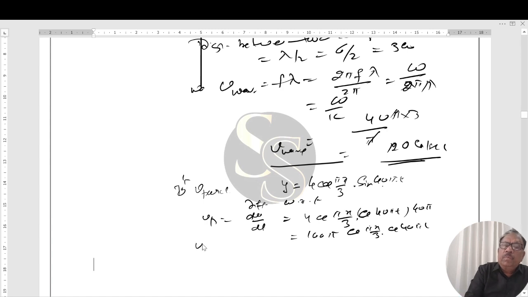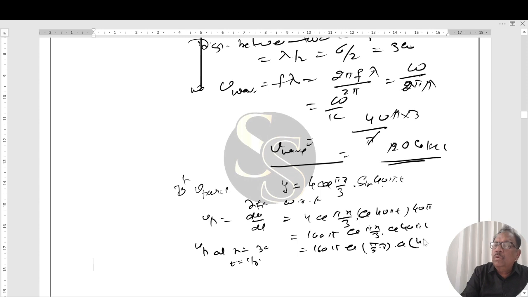Now V particle at x equals 3 centimeter and t equals 1 by 8 second comes out to 160 pi into cos(pi by 3 into 3) into cos(40 pi into 1 by 8).